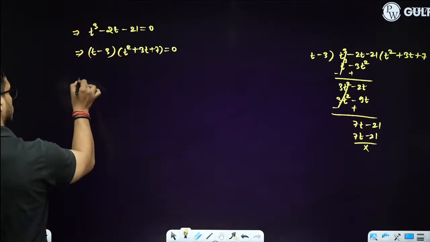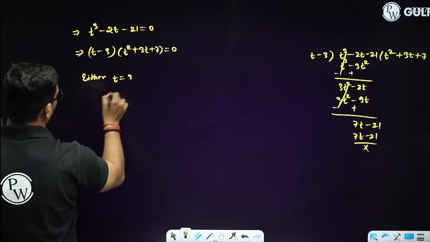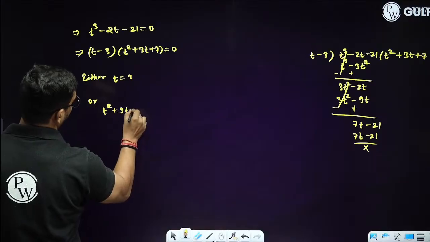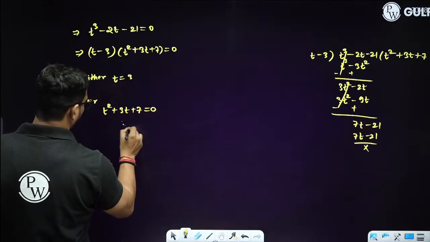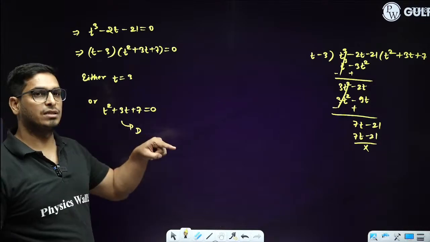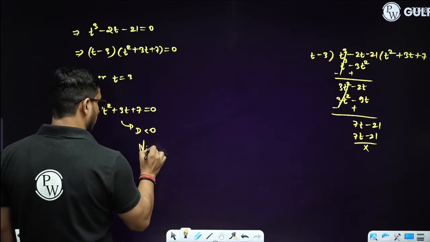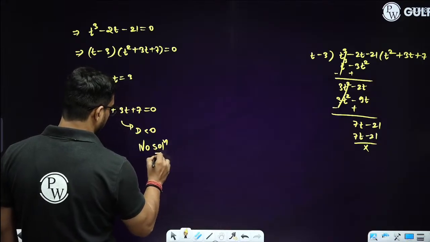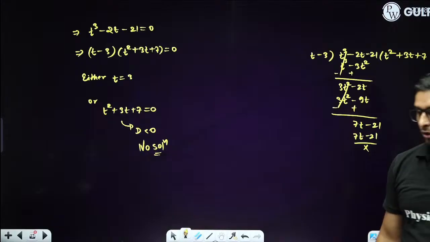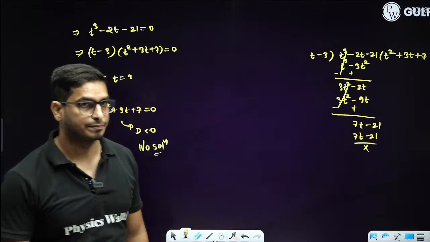So either T equals 3 or T square plus 3T plus 7 equals 0. If you find D from here, 9 minus 28, D is negative, no solution for this one, correct? We have already studied the quadratic. If D is negative, there is no real solution.